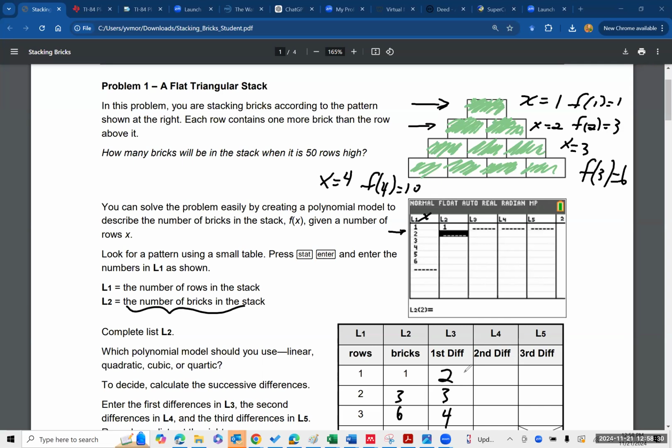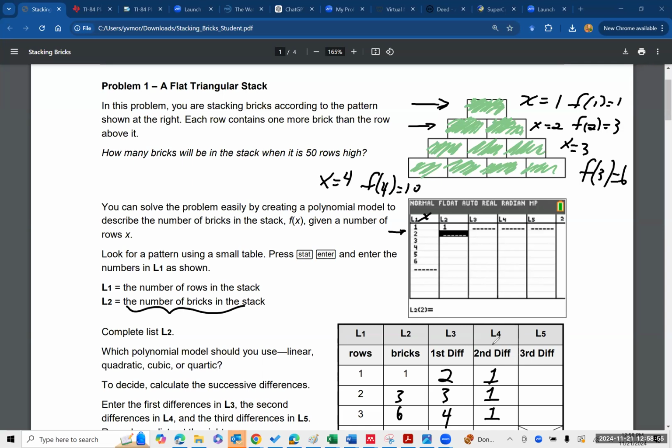Now, if you go to 3 minus 2, you get a 1. 4 minus 3 is a 1. And that pattern continues. The next one is going to be a 5 and a 4, and it's going to be a 1. And then the third differences are 0, but we're going to stop here at the 1.